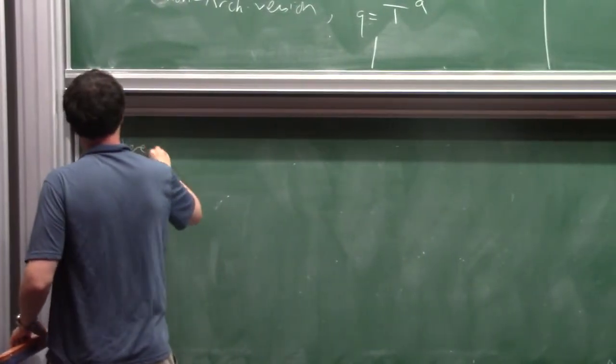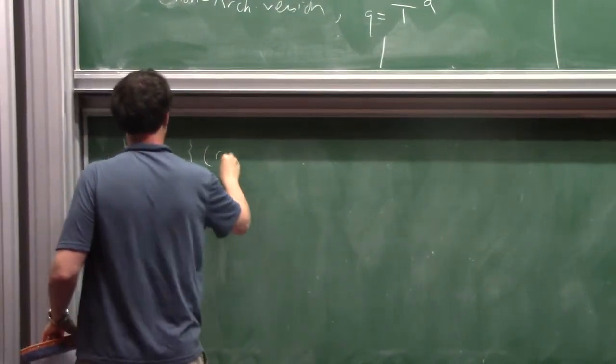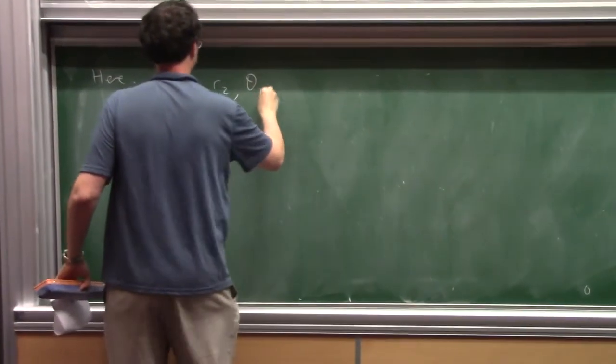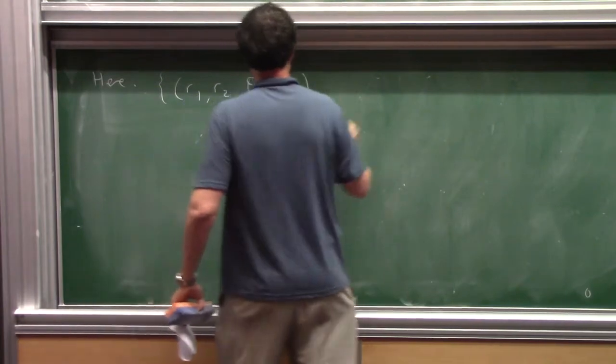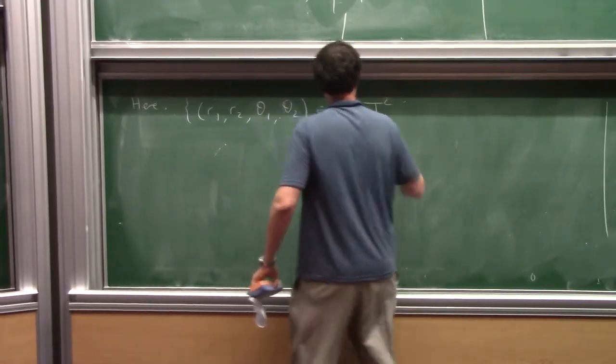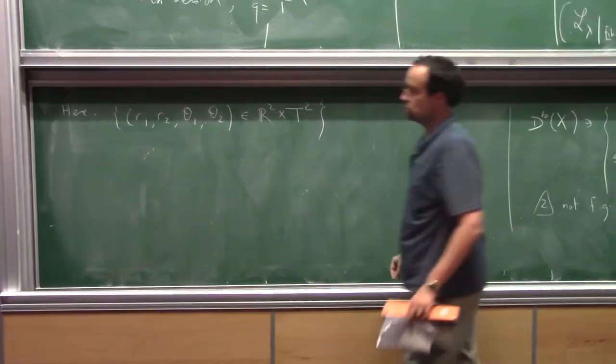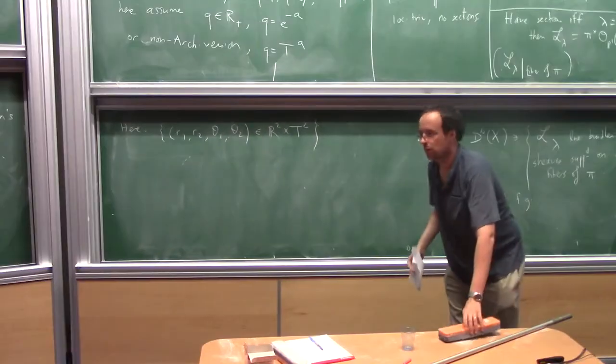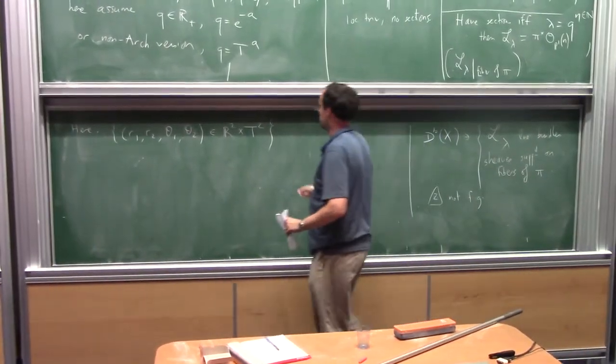Which will be that we get a space with coordinates R1, R2, theta 1, theta 2, which you could say lives in R^2 times T^2, or it's the cotangent of T^2. This is a periodized cotangent of R^2. This is (C^*)^2, if you prefer.